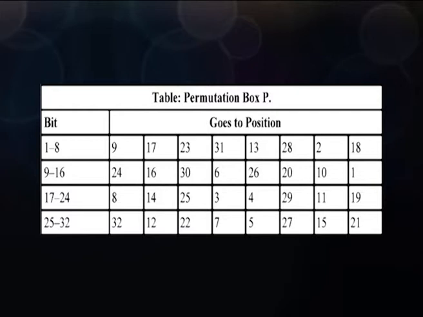For example, bits 1 to 8 of the output of the substitution move to the 9th, 17th, 23rd, 31st, 13th, 28th, 2nd and 18th position. Similarly, bits 25 to 32 move to the 32nd, 12th, 22nd, 7th, 5th, 27th, 15th and 21st position.